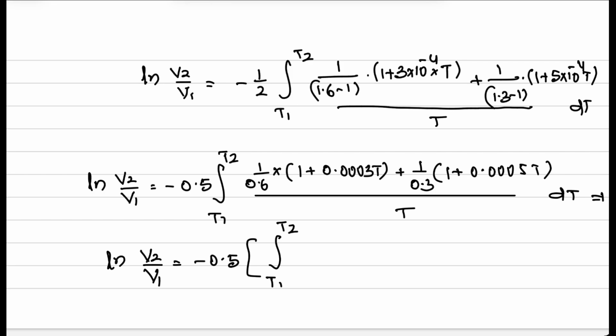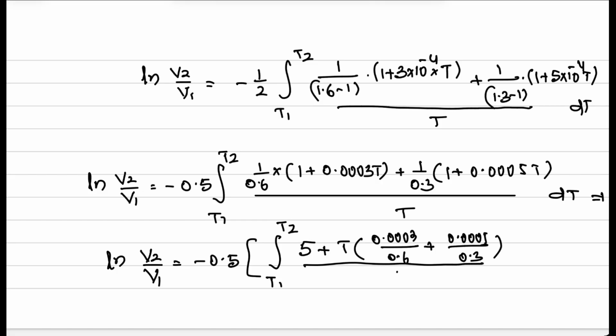This is around 3.3. 1 by 0.3 is, this is 5, plus 0.0003 T by T into 0.0003 by 0.6 plus 0.0005 by 0.3.